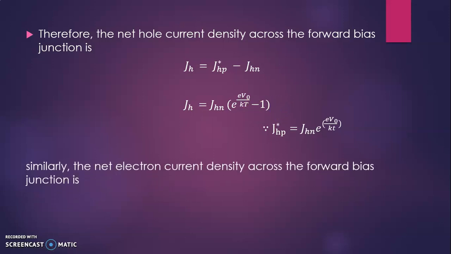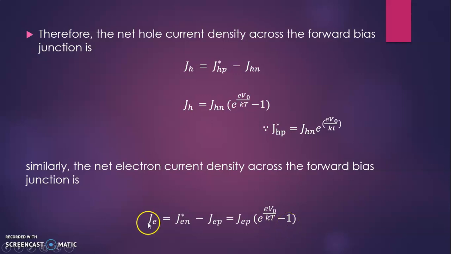Similarly, the net electron current density across the forward bias junction is, in short, we are writing J_e, that is current density of electron, which is equal to J_en minus J_ep, that we can write as J_ep into (e^(eV0/kT) minus 1).